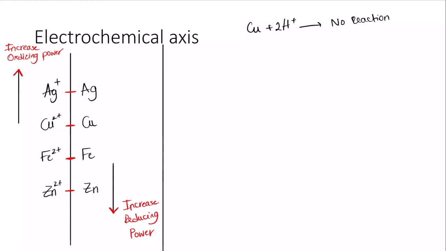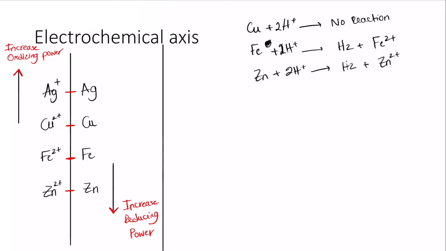Fe plus 2H+ gives us H2 plus Fe2+, and we have Zn plus 2H+ gives us H2 again plus Zn2+.